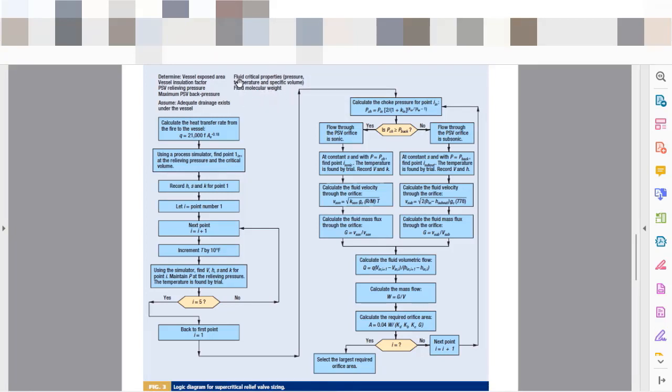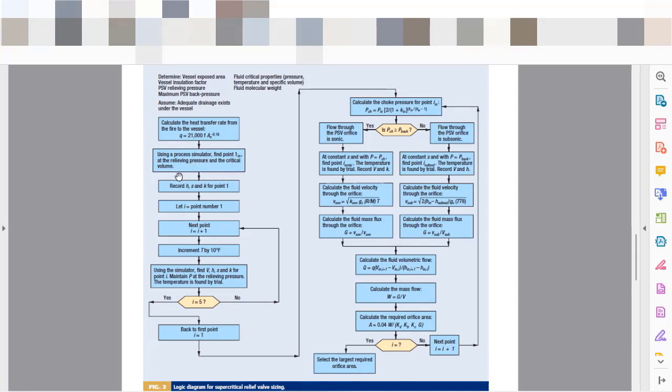In fact, you need to know the properties of your fluid. Based on that, you need to do the heat transfer calculation for the system, and it depends on whether or not a firefighting system is available. The first point of the iterations is the relieving pressure and the critical volume of your fluid.